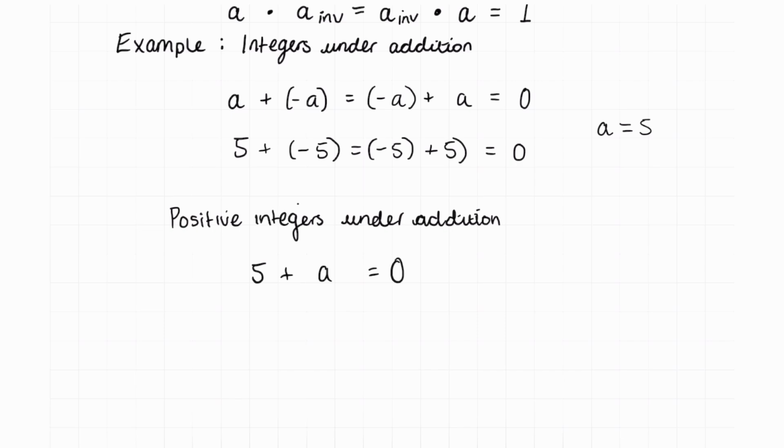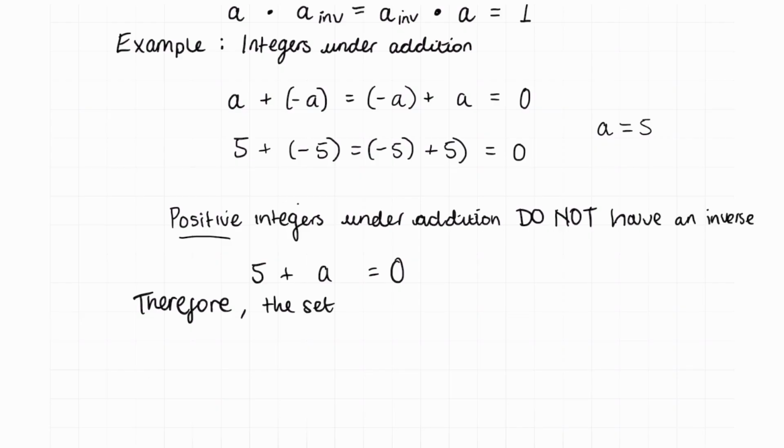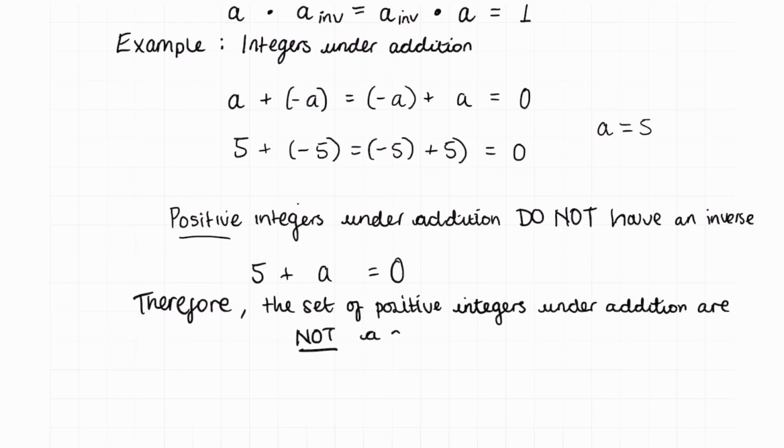But that's not in the set because we've restricted the set to be the positive integers. Therefore, positive integers under addition are not a group. So these do not have an inverse. Therefore, the set of positive integers under addition is not a group, because they do not satisfy the property that every element must have an inverse.